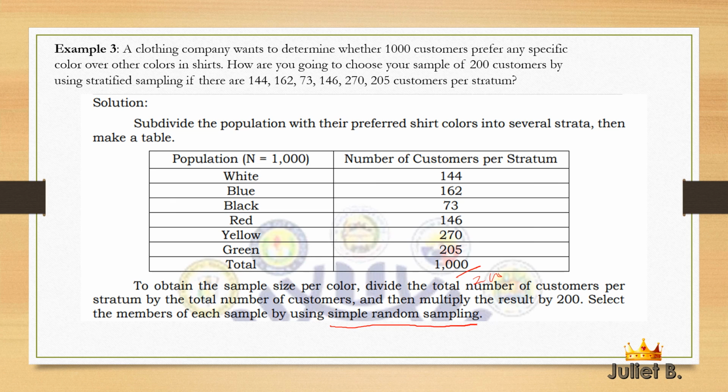So, unang gagawin, divide the total number of customers per stratum. So, kung white yan, 144 divided by the total number of customers. The total number is 1,000. And multiply the result by 200.